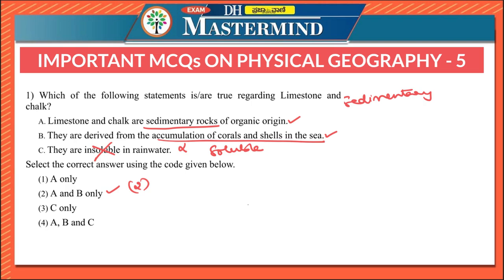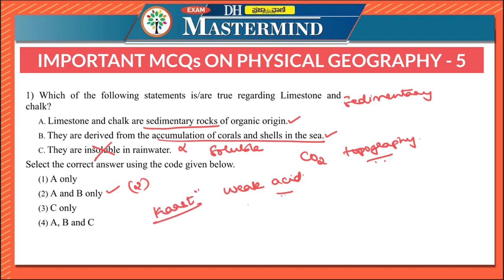So limestone is soluble in rainwater, and rainwater usually contains carbon dioxide. When limestone mixes with rainwater containing carbon dioxide, it forms a weak acid, and therefore a region with a large stretch of limestone possesses a very distinct type of topography. You cannot compare this with normal topography. This topography is known as karst topography.